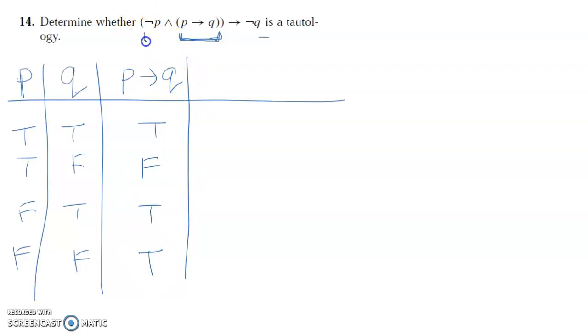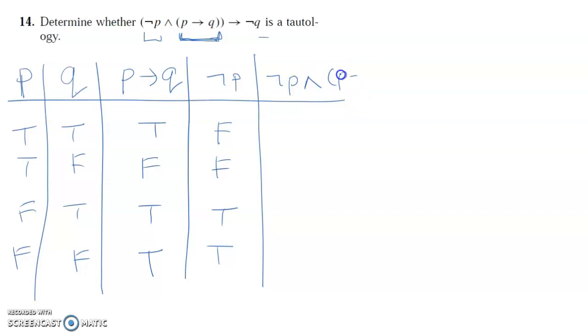All right, the next one I'm going to have is not P. This is just a negation of P, which is the first column, so I'm just going to flip all the values. True becomes false, and false becomes true.